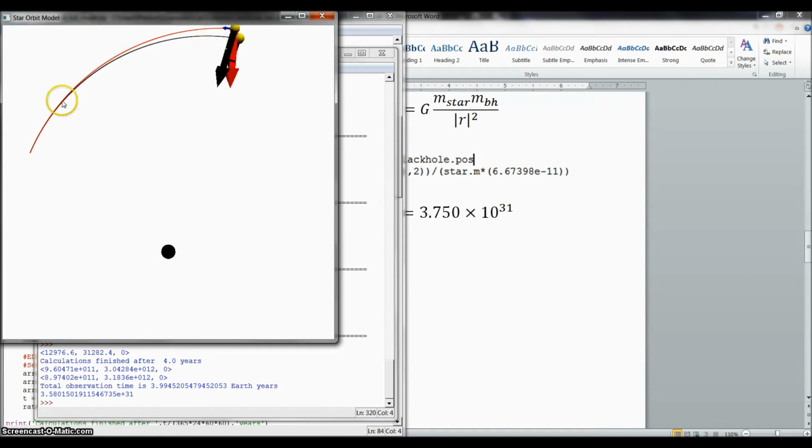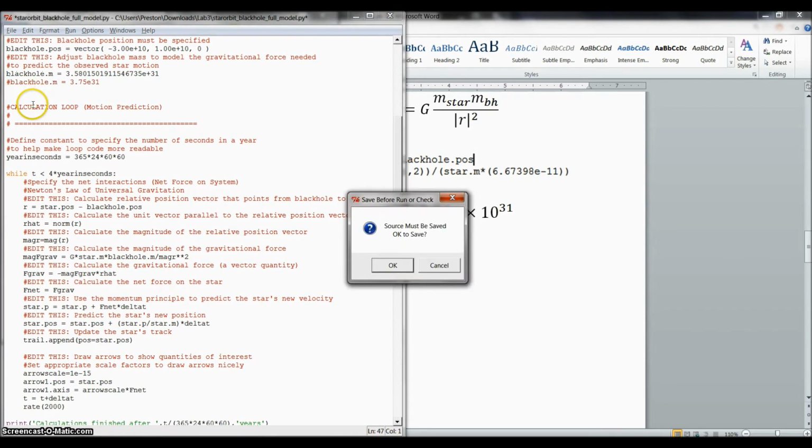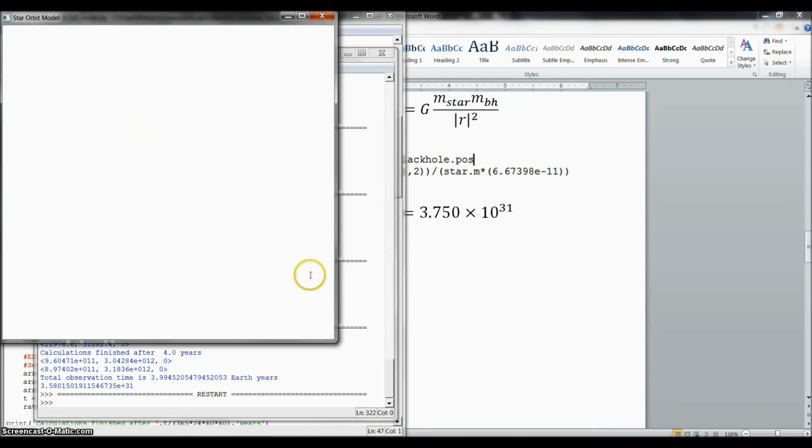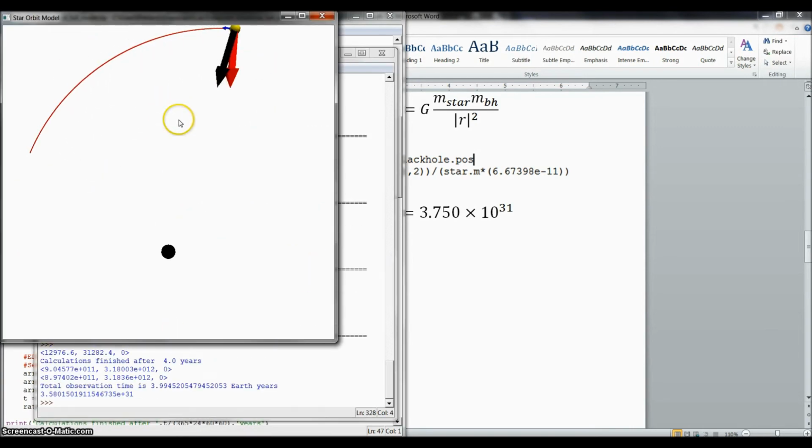The reason for that is that I calculated using only one time step what the mass of the black hole is. That means it's going to give a different value here than here, because dp/dt isn't necessarily equal to F net when dt isn't infinitely small. When I adjusted the parameter of the black hole's mass to fit the end data a little bit better, we see that the model matches the position data a lot better.